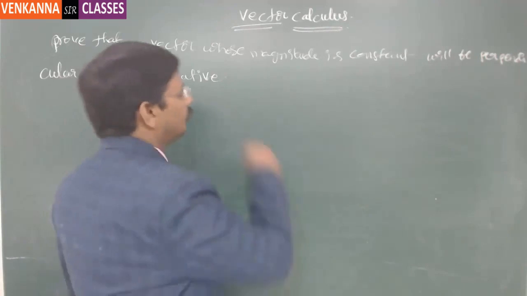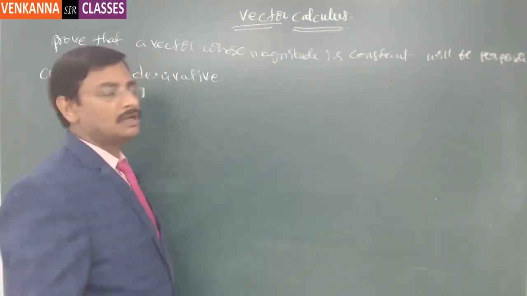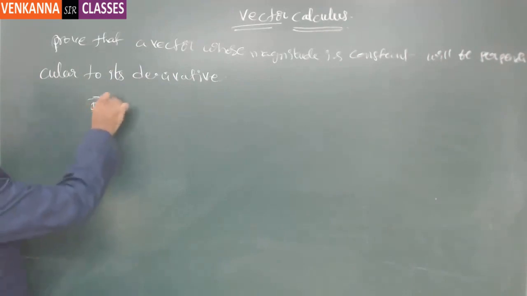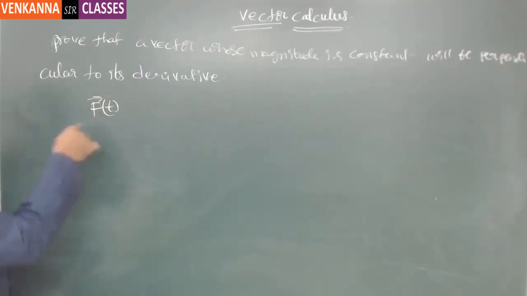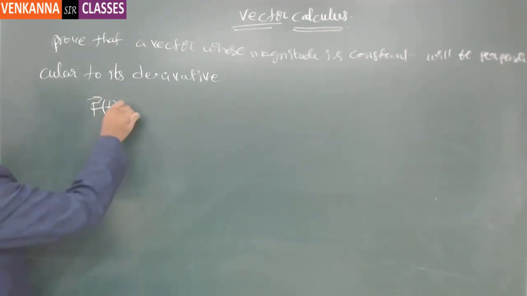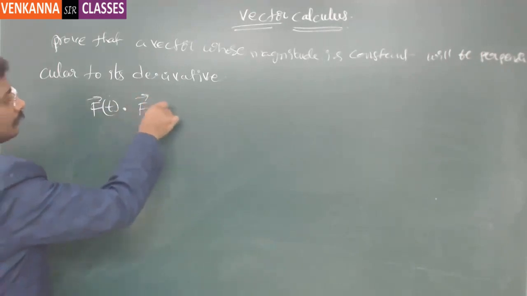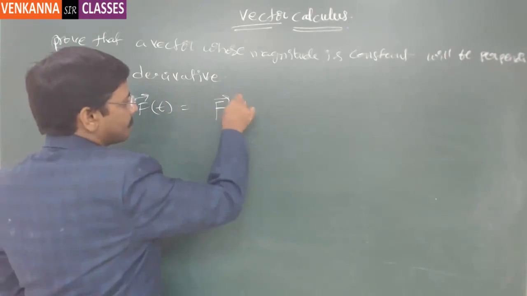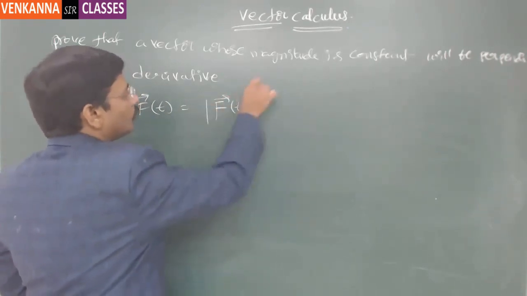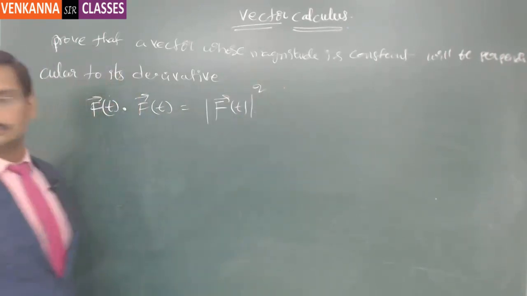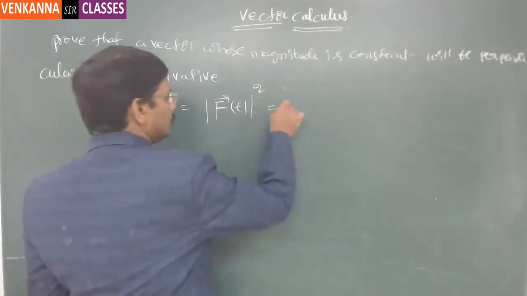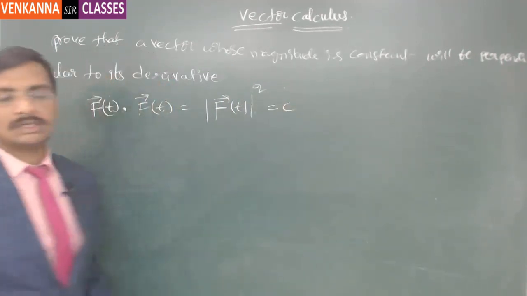See this, a vector whose magnitude is constant. If I take the vector f, let us say this is a vector function of t. Now, if I take the dot product with itself, then this is going to be mod f of t whole square. This magnitude is a constant.